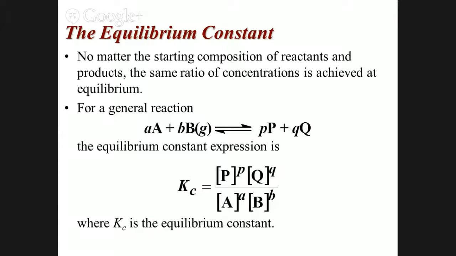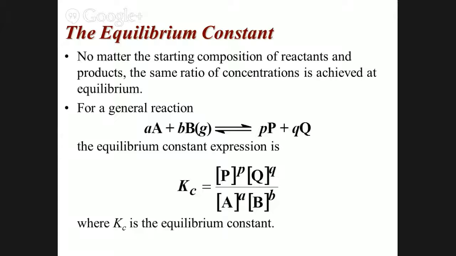Water is mostly water, even though there are some hydrogen ions and some hydroxide ions floating around inside of it, because its equilibrium constant was that 10 to the minus 7 for neutral, 10 to the minus 14 for the two of them combined.